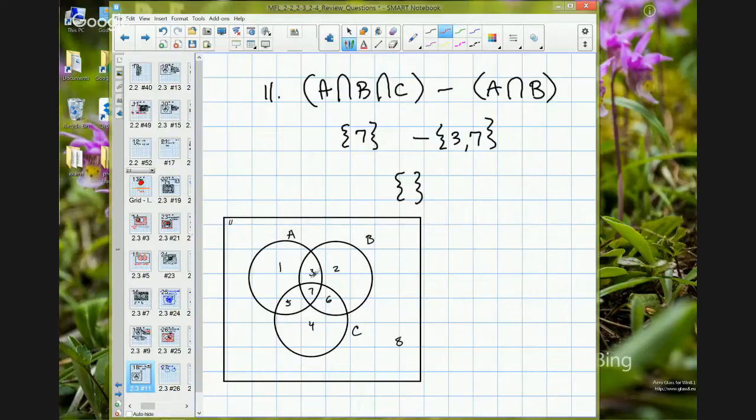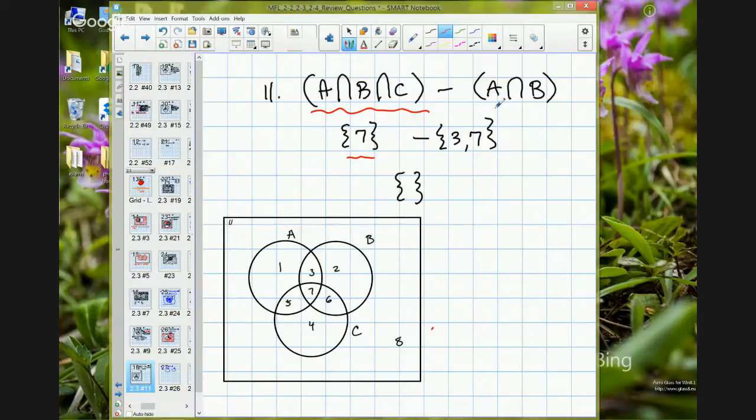I have the diagram copied here at the bottom, but that's the same one that's in the book. So all we need to do now is translate this. Where do A and B and C all overlap? Region 7. So I wrote that like this, a set with just the region 7 in it.